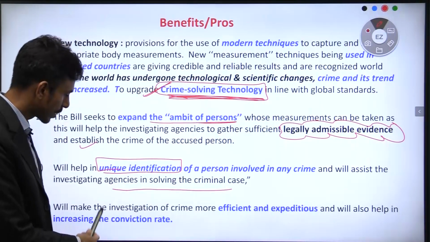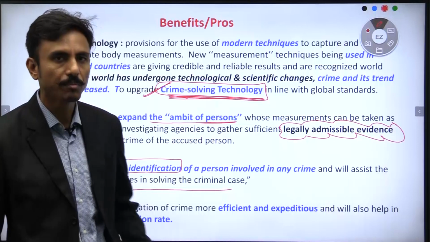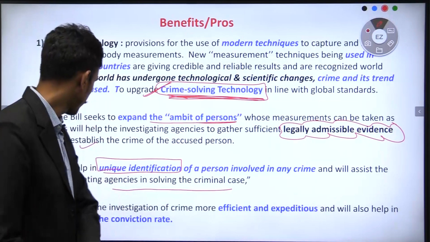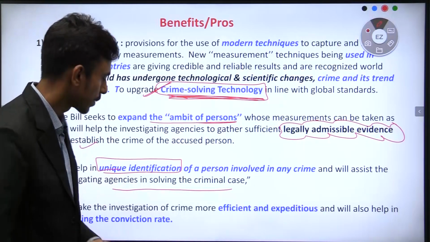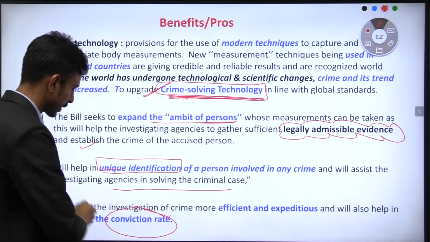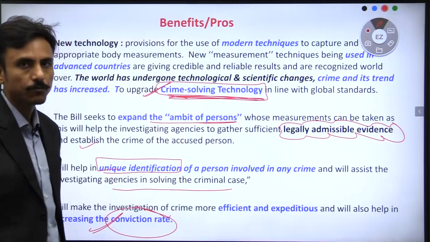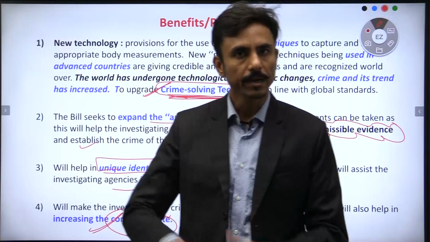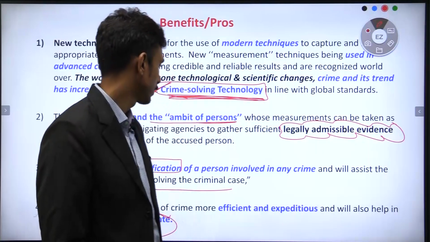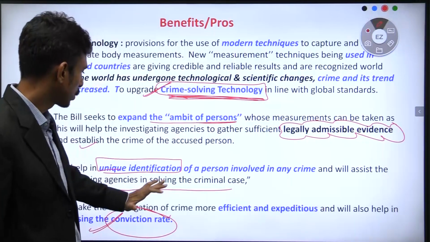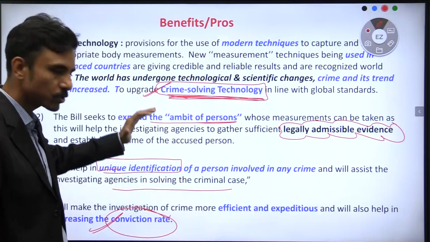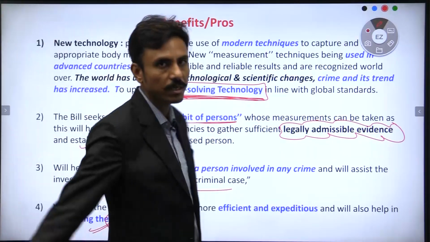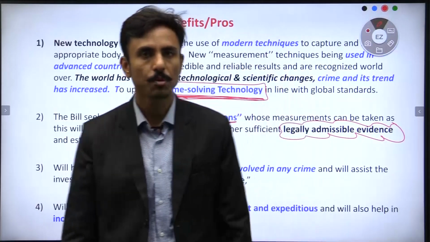At the same time, it will also make the investigation of crime more efficient and fast, and will also help in increasing the conviction rate. So in this sense, the conviction rate would also increase. It would make the whole criminal procedure efficient, robust, and expeditious, that means fast, correct? It would also help in unique identification of a person, and would upgrade crime solving technology. I hope it is clear.